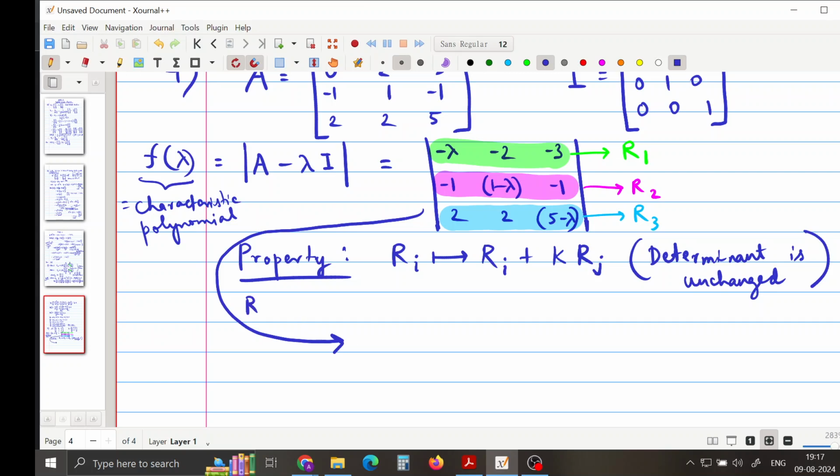Let's say R1 goes to R1 plus R2 plus R3, meaning that I am adding the three rows and storing the result in the first row. So what happens to the entries now in the determinant?